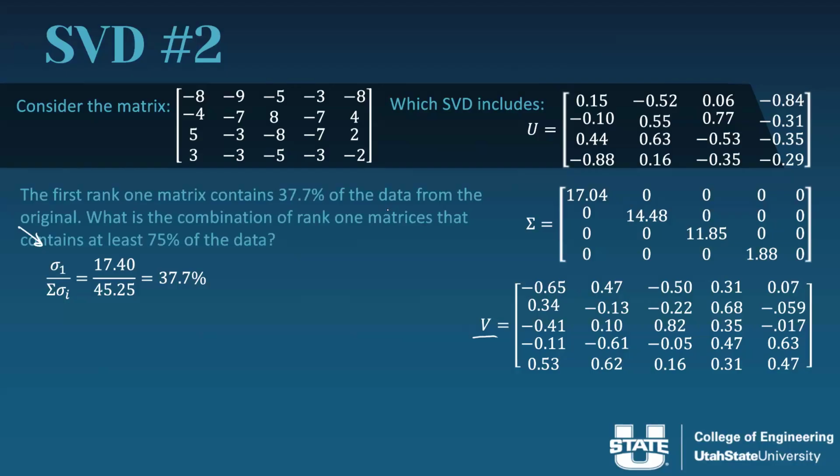And it asks us for the sum of rank 1 matrices that contains at least 75% of the data. So the very first thing is we need to determine how many pieces are required. First, we already know that it's not just the first one, because that's not greater than 75. So let's check the second one along with the first one.